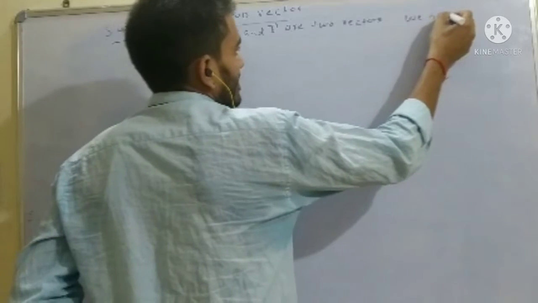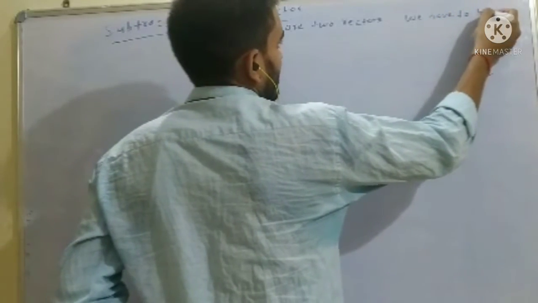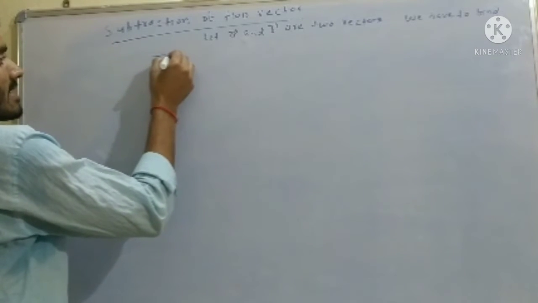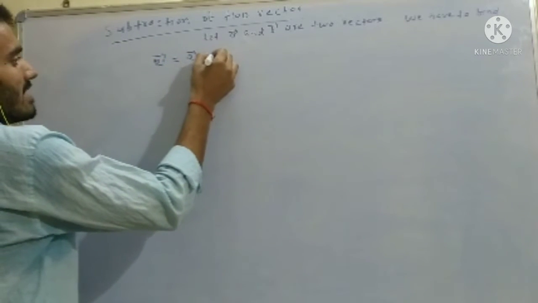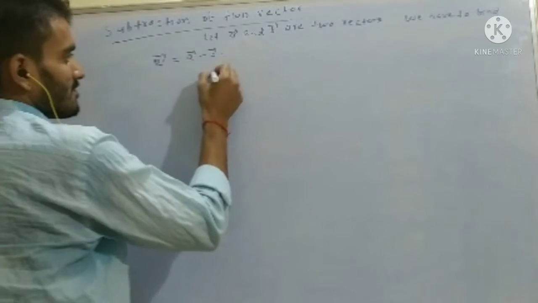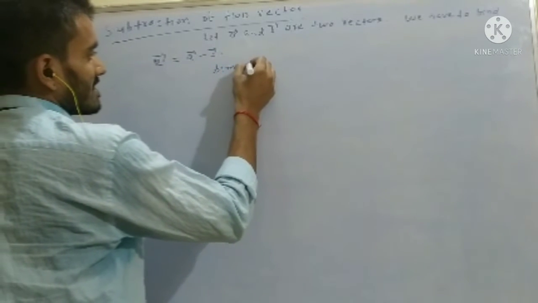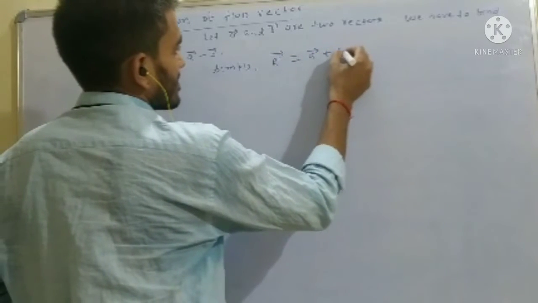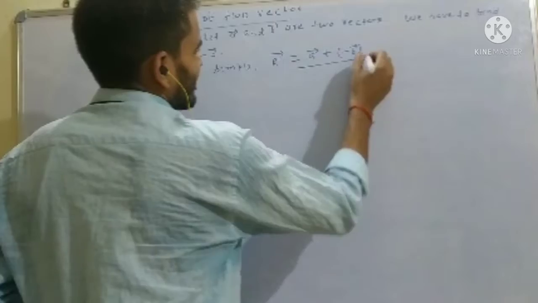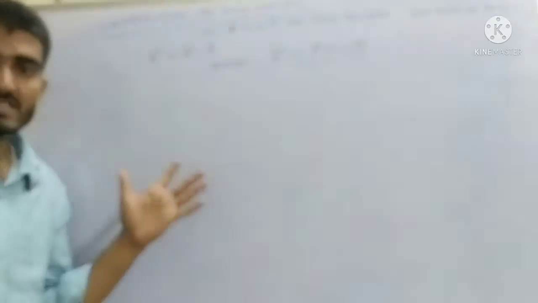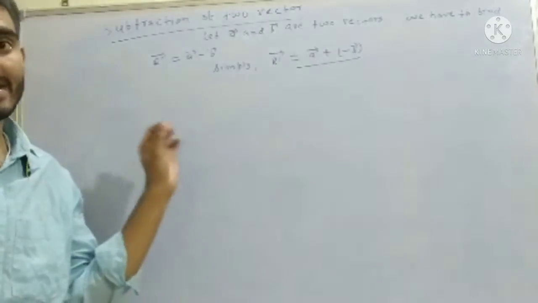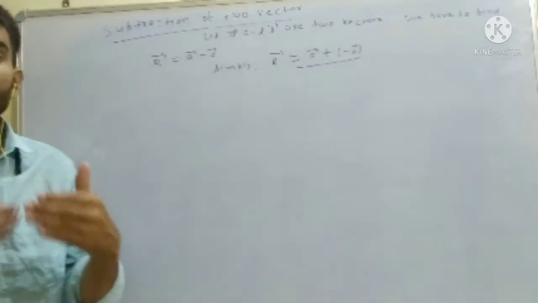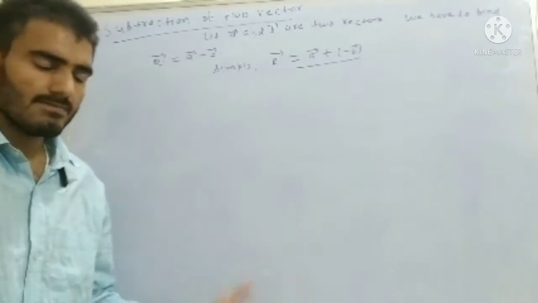We have to find r dash, vector A minus vector B. Simply, r dash vector equal to vector A plus minus vector B. Then we have to find subtraction of two vectors, that is vector A minus vector B. Then we simply find vector A plus negative of vector B. This is the same.